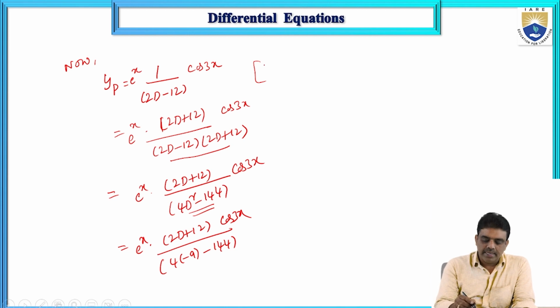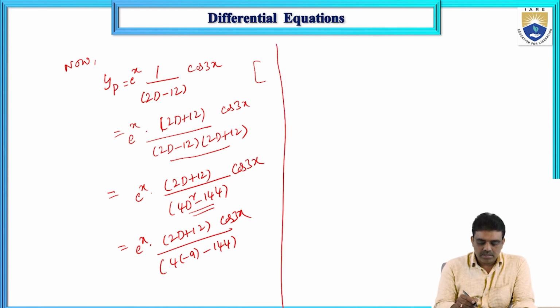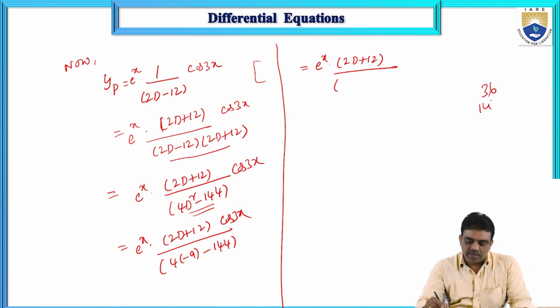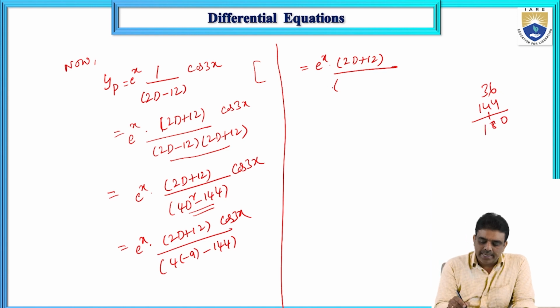Then what you will get here? e power x into 2D plus 12 by, in the denominator, 9 fours are 36 and 144, this is minus 180, a constant, of cos 3x.